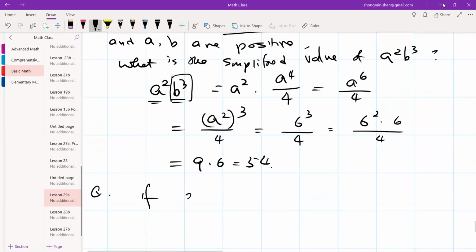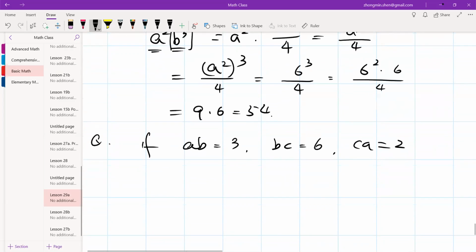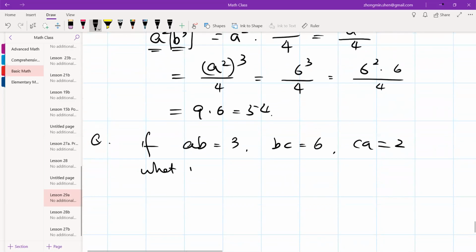Remember the problem, right? If A times B equals 3, B times C is going to be 6, then C times A equals 2. For example, what is the value of A times B times C?